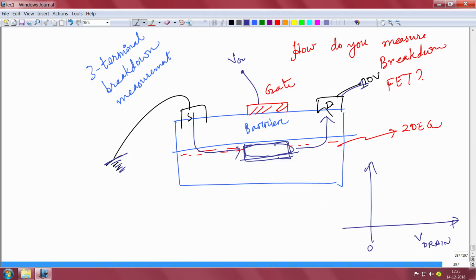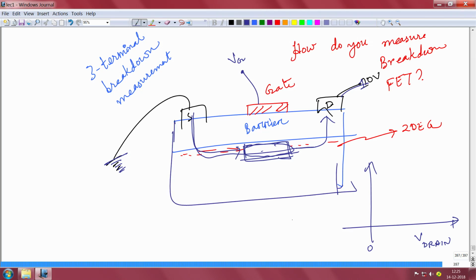And you monitor the source-drain current. What is the current that is flowing? Ideally, there should not be any current flowing, because the channel is pinched off. The leakage current will be very low. You monitor the current coming out of the drain.